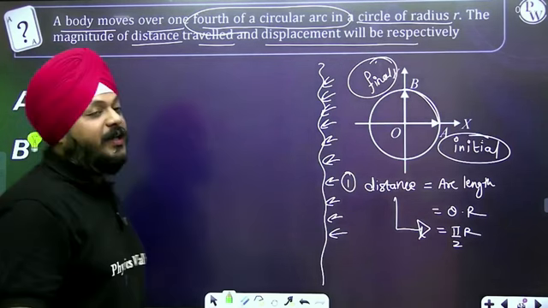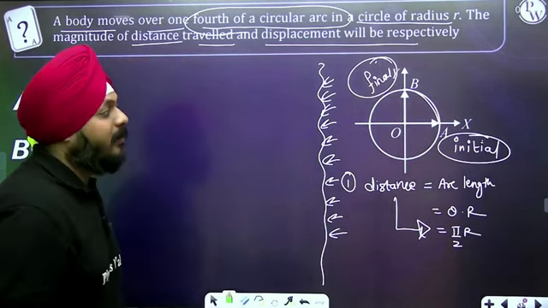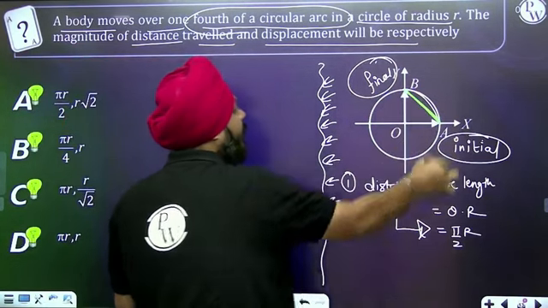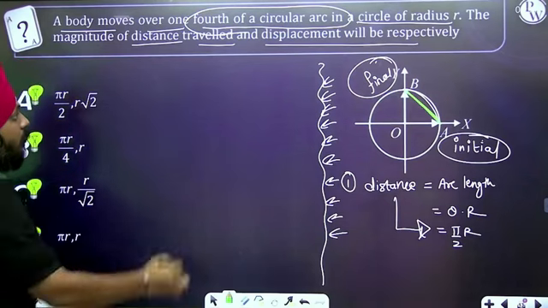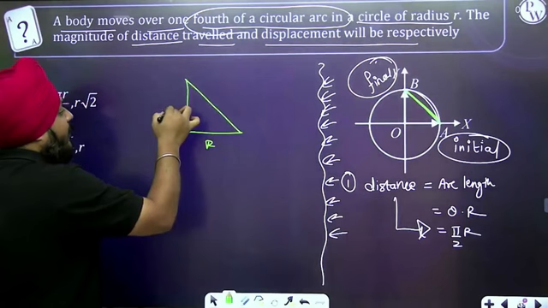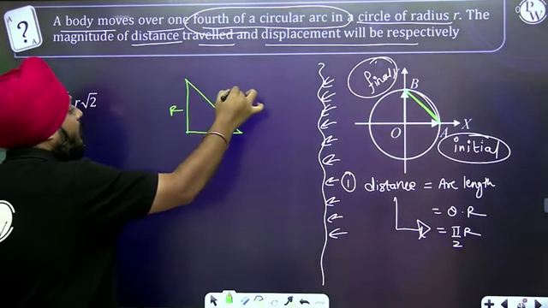What is the magnitude of the displacement? Shortest distance between A and B: R root 2.